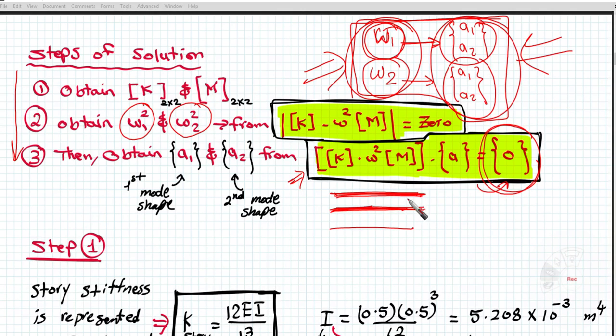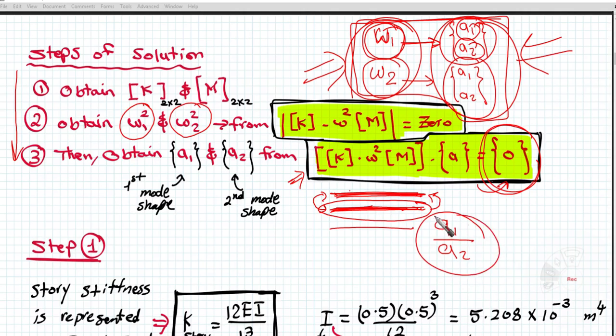These equations are dependent, not independent, meaning that we can find one of them is a multiple of the other. Based on that, we are not going to obtain A1 and A2 as absolute values. Rather, we are going to obtain A1 and A2 as ratios. So that's the issue here. We are dealing with ratios, not absolute values.